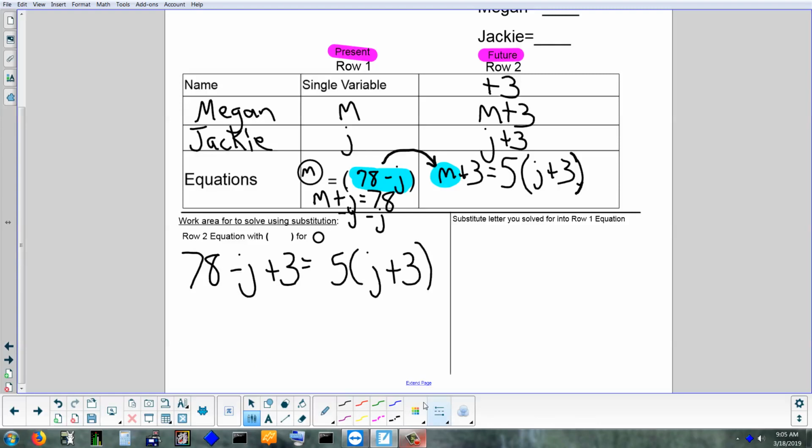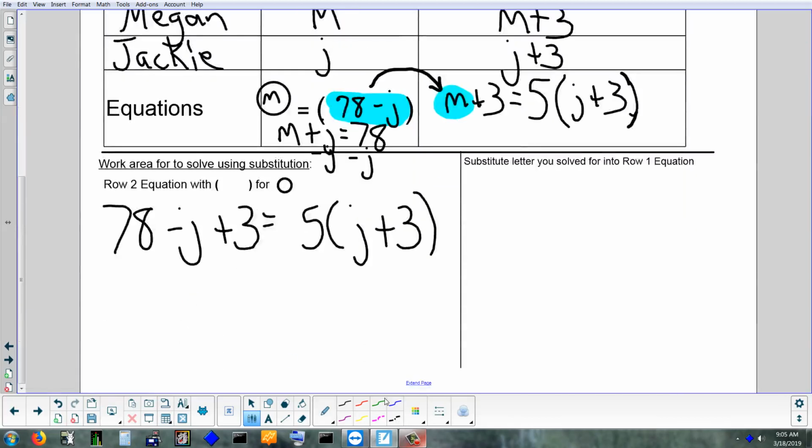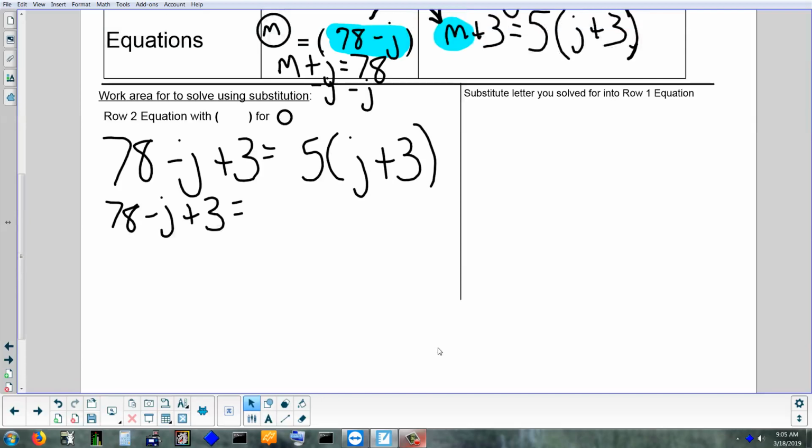Now for this to be consistent, let's distribute first. What number am I distributing? 5. Good, Gigi. So nothing changes over here yet. 78 minus j plus 3 equals, when I distribute the 5, Miguel, what am I going to get? 5j, good.